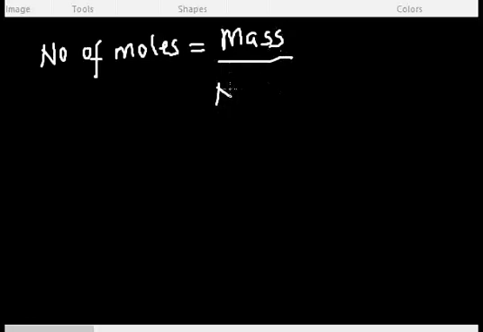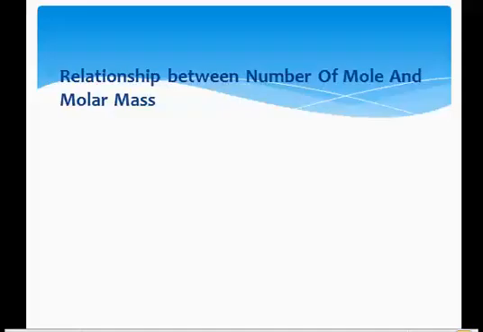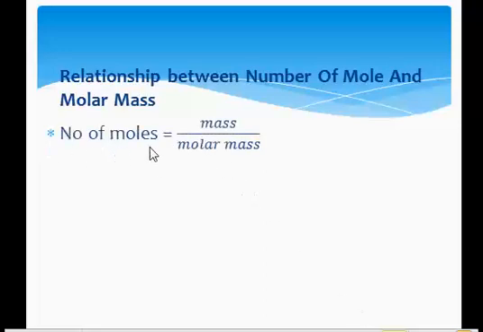The mass of the substance divided by the mass of 1 mole, which of course is the molar mass. That's how you get the number of moles of the substance. So I can use the symbol small letter m for the mass of the substance, all over capital letter M, the molar mass. Please take note of that.